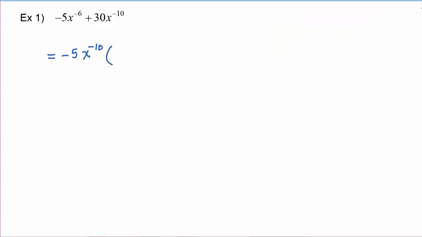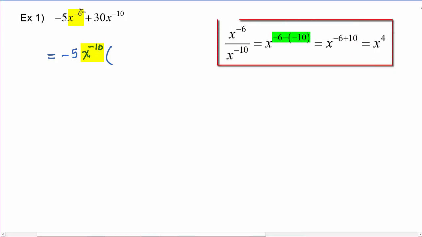Now what we have left, you can think of it as division. If I take negative 5 and divide by negative 5, I'm left with 1, so our coefficient will be 1. If I take x to the negative 6 and divide it by x to the negative 10, what I really have to do is subtract negative 6 minus negative 10, and that would become x to the fourth.